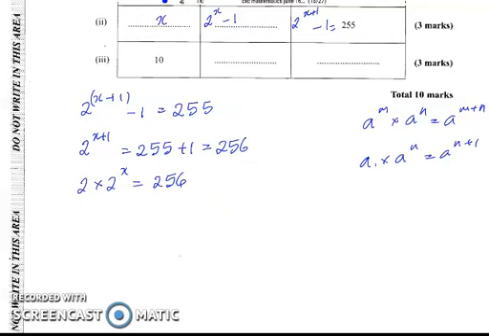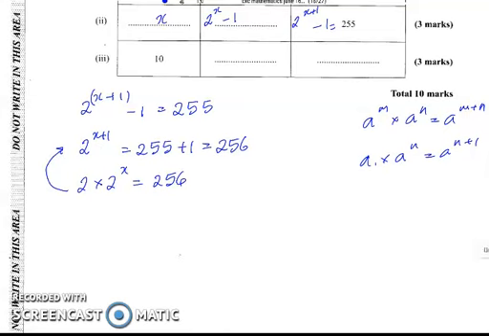Essentially, if you're multiplying and the base is the same, you add the indices.